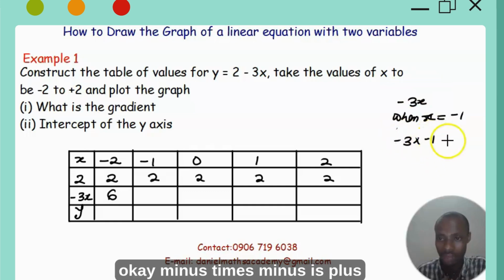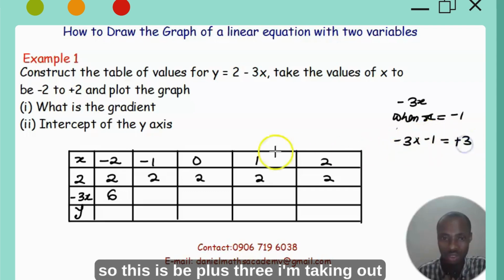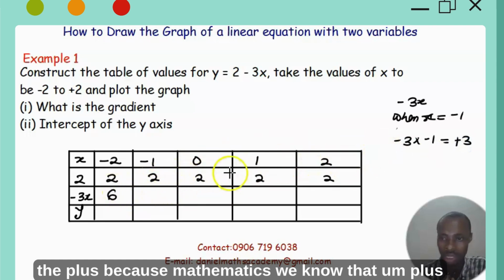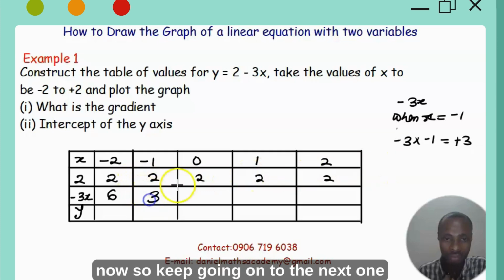Minus times minus is plus, so 3 times 1 is 3, so this is going to be plus 3. I'm taking off the plus because in mathematics the plus sign could be removed. So this is going to give me 3.